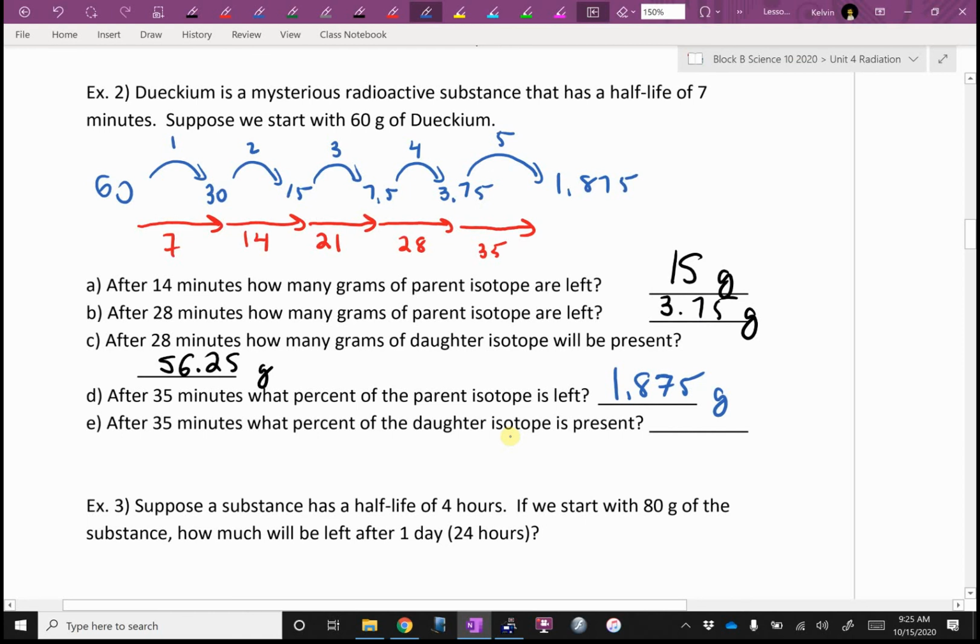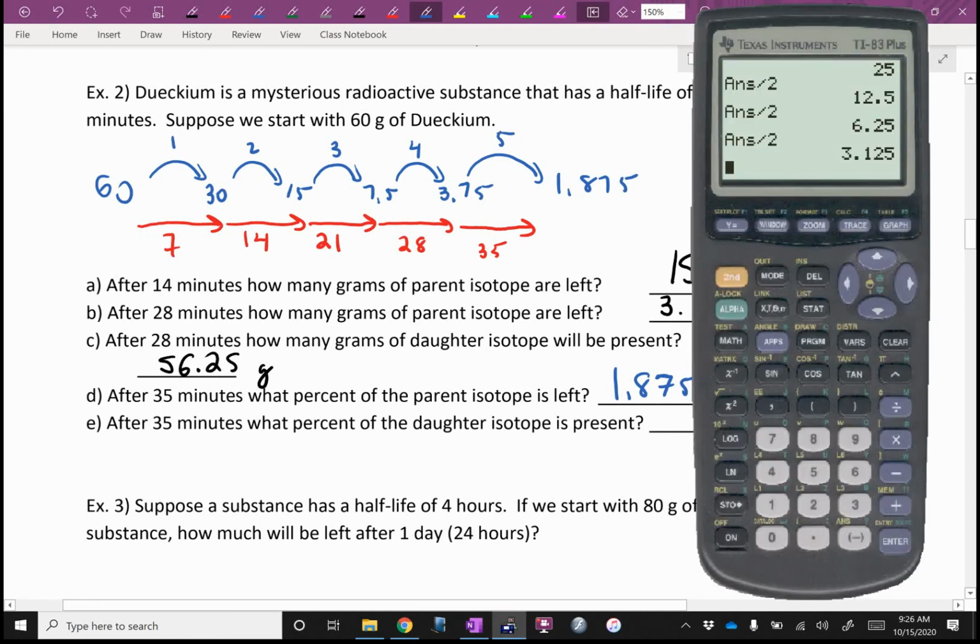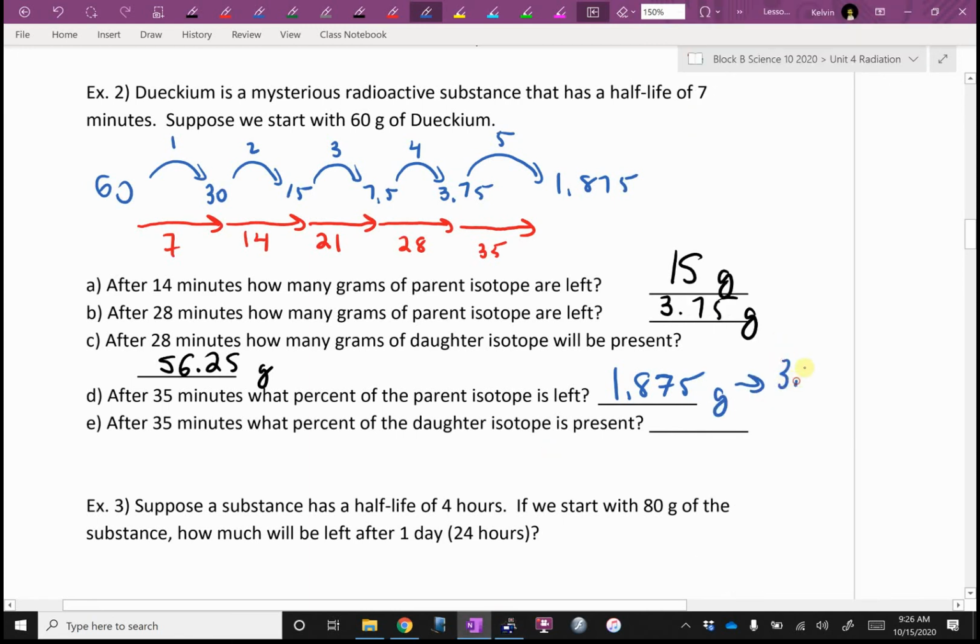What percent is left? So, to find the percent, start with 100 and just keep dividing by 2. We said that this was, on my calculator, 3.125%. I divided the 100 by 2 five times, 5 half-lives. What percent of the daughter isotope is left?